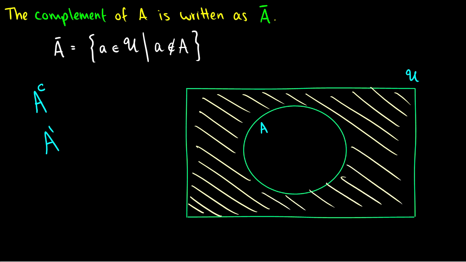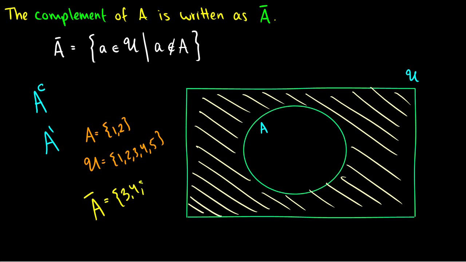So in order to define a complement, you need a universe to talk about. For instance, imagine if I had A, which is just the set containing 1 and 2, but the universe was all the numbers up to 5. So the universe is the set 1, 2, 3, 4, and 5. Then A complement would be everything in the universe that is not in A. So A complement would be 3, 4, and 5.